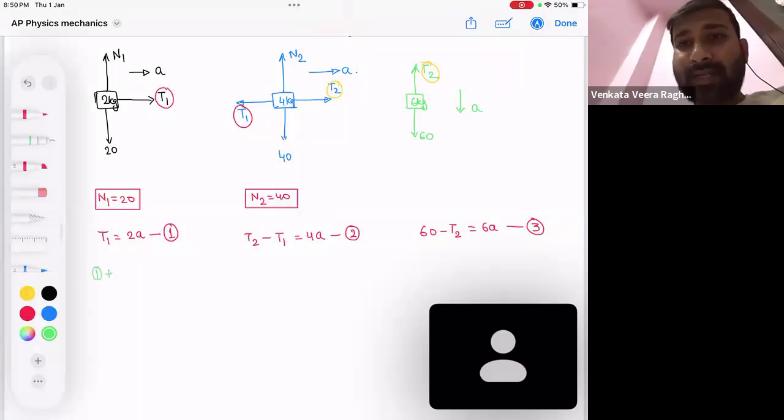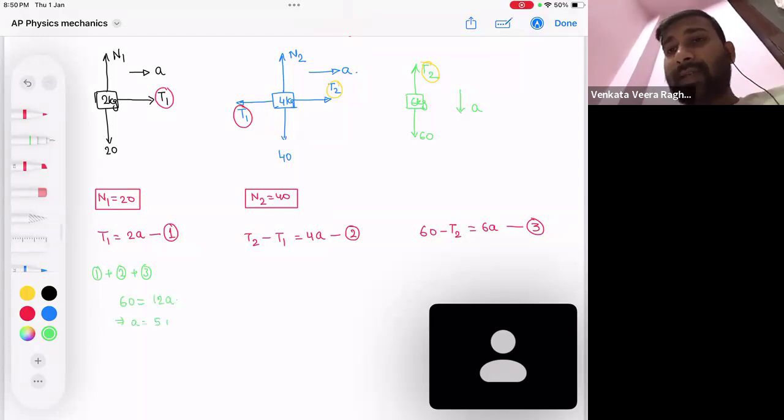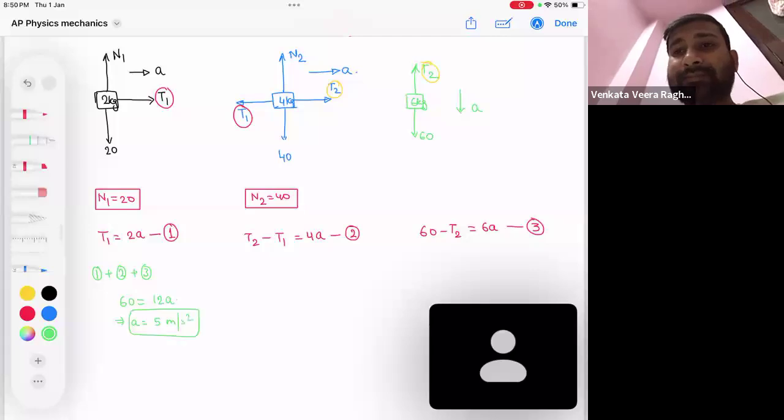We will add equations 1, 2 and 3. Plus T1 minus T1 gone, plus T2 minus T2 gone. So 60 equal to 2 plus 4 plus 6, that is 12A. So what is the acceleration we got? 5 meter per second square.